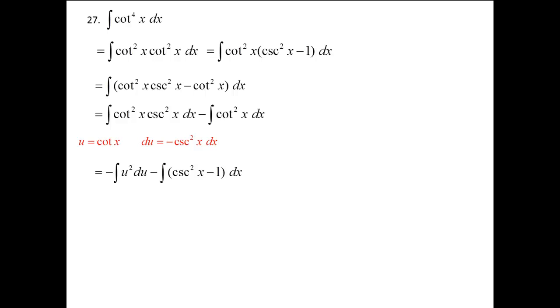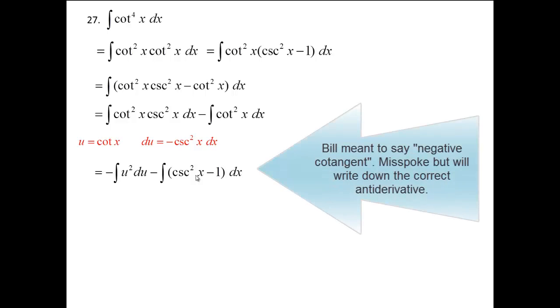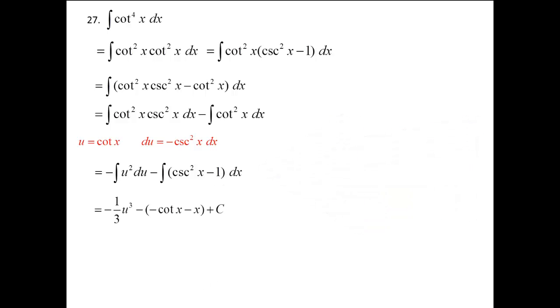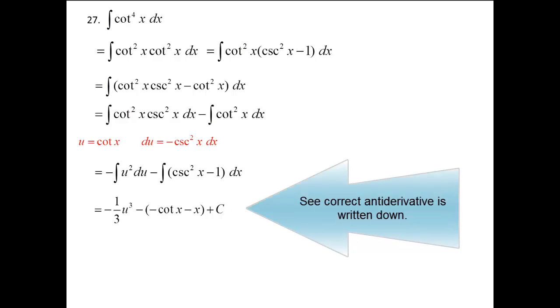The antiderivative of u squared is 1/3 u cubed, so negative 1/3 u cubed. The antiderivative of cosecant squared is cotangent, kind of friendly, and the antiderivative of 1 is x. So here we are: negative 1/3 u cubed minus the negative cotangent x minus x plus c.